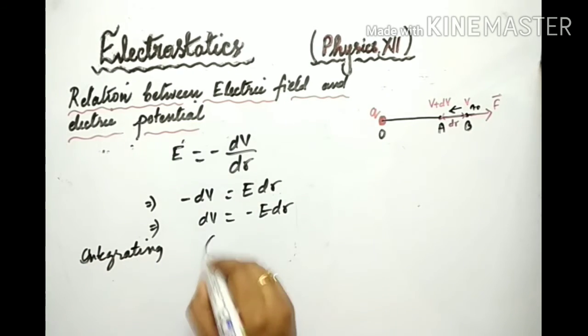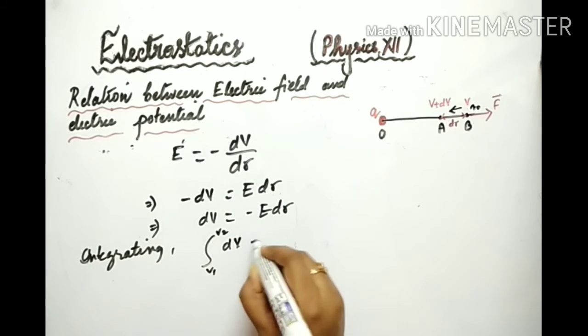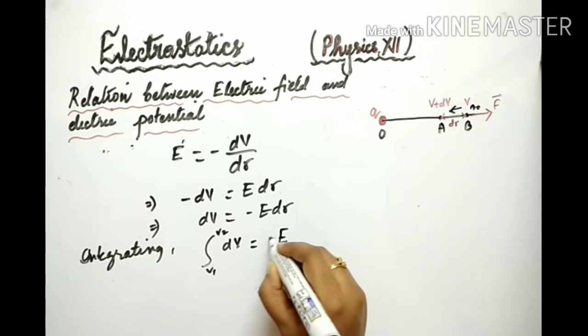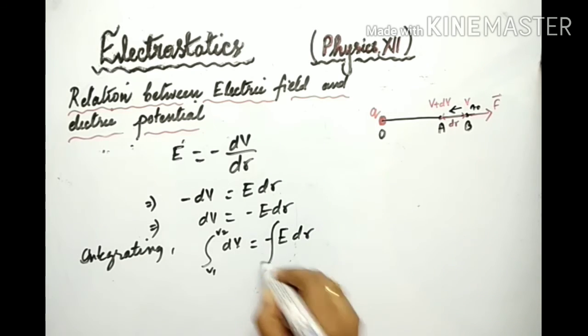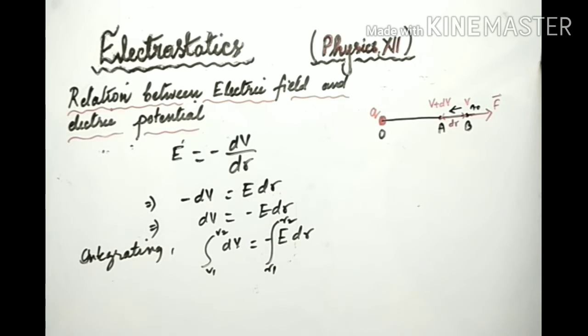So if you have to, integrating, we can write this as integration V1 to V2 dV equals minus E dr integration r1 to r2. Suppose r1 and r2 are 2 points, we know the value of r1 and r2.